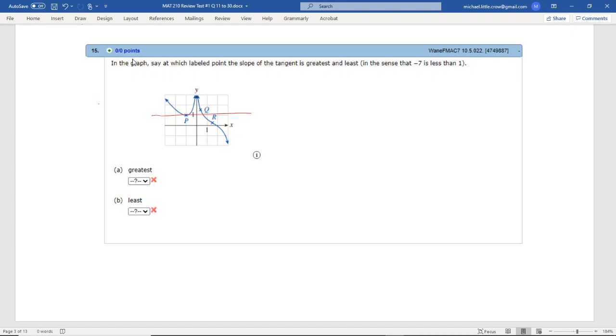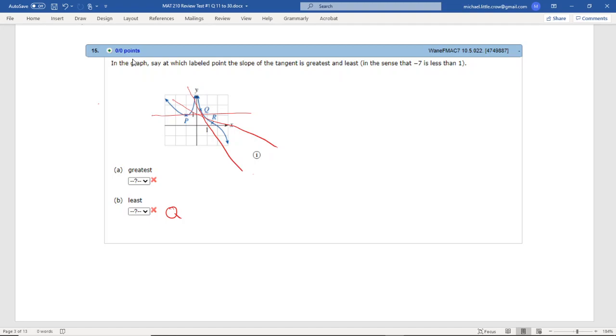Q, let's see if we can draw that one fairly accurately. It's going to go like that, and R is going to be a tangent line kind of going like that, sort of. Not a real good drawing here, but which one's going to be the steepest? This one here, it's going down the fastest. It's going to be the most negative. So I would put the least as Q, because it's going to be the largest negative, which makes it the smallest.